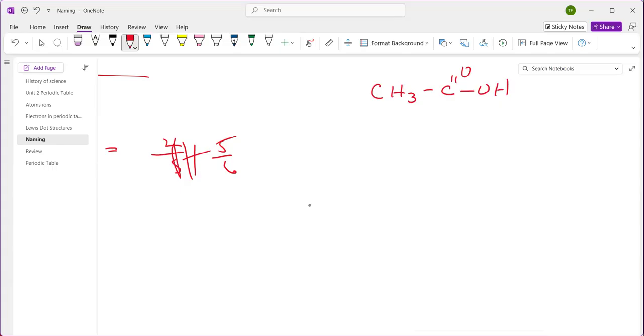The definition of an acid is, will it disassociate an H plus? If it does, it's considered an acid. So what happens is, when this disassociates, it becomes this. Notice, not all the H's come off, only certain ones.